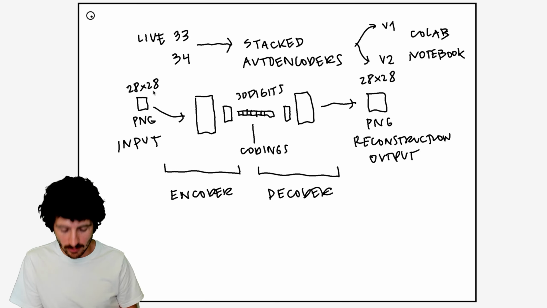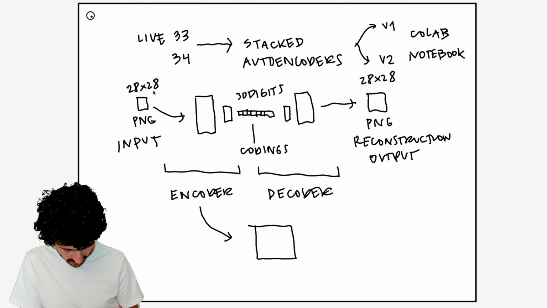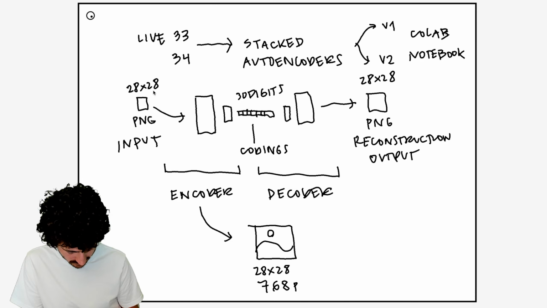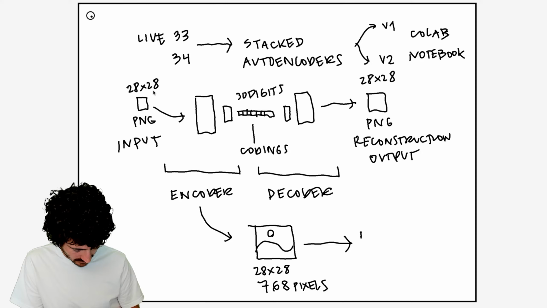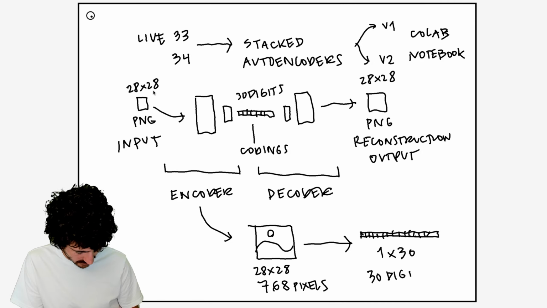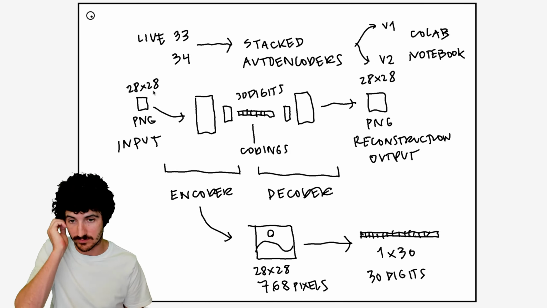What the encoder learns how to do is take an image, whatever it is, 28 by 28, which is 784 pixels, into a 1D tensor or array that is just 1 by 30. So it has 30 digits, or pixels, whatever you want to call it.